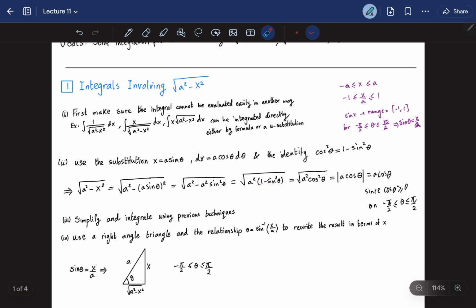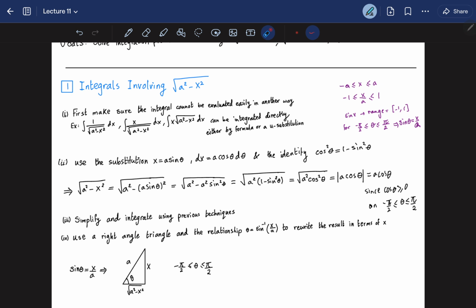So once you plug it there, you're going to get the square root of a squared cosine squared. So that's a multiplication. You can split the root and take the square root for each one. So you're going to get a cosine with the absolute value. But since cosine is always positive when theta is between negative pi over 2 and pi over 2, this is just a cosine of theta.